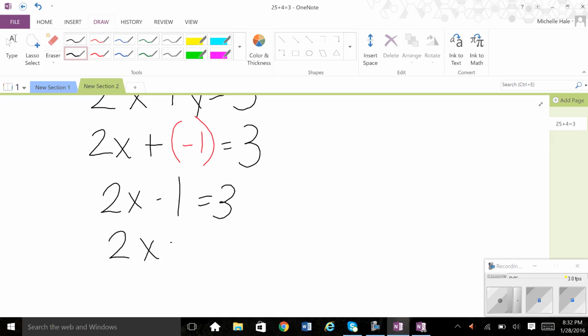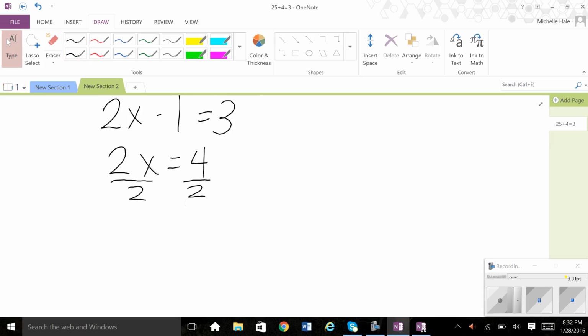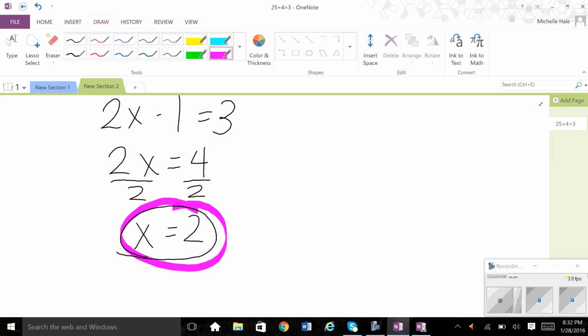And then you have a 2x, add 1 to both sides, so you have a 4. And then divide by 2 on both sides. So now you have x equal to 2. Okay, so now we found that our two coordinate points are 2 and negative 1.